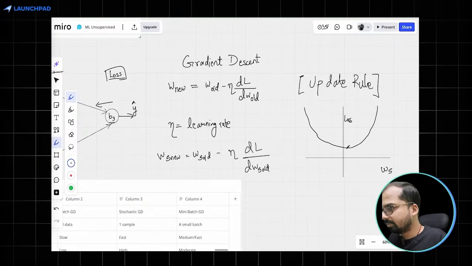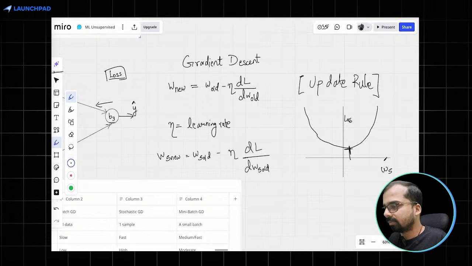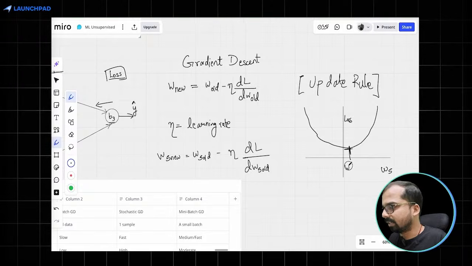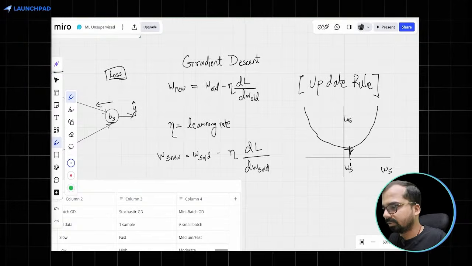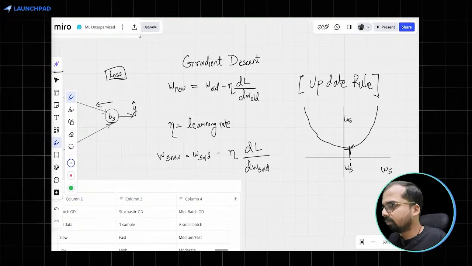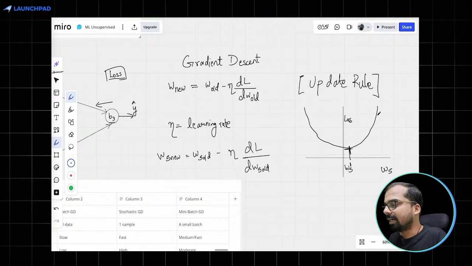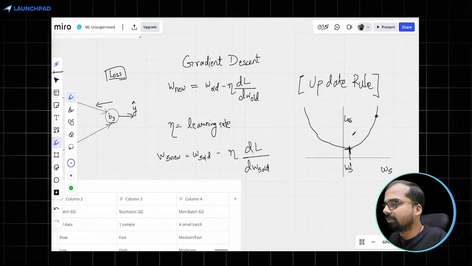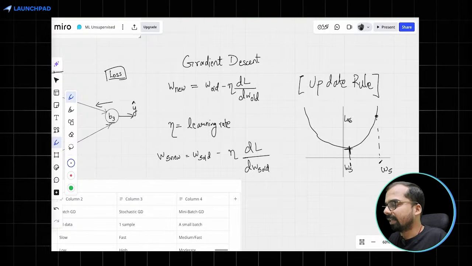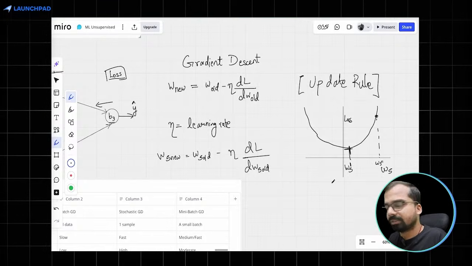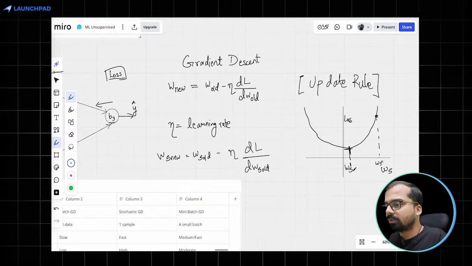Somewhere at this point, at this value of W5, let's call it W5 dash, the loss is minimum. So I want to reach this point. Initially we start with a random value. So let's say initially the value of loss was somewhere over here, and here I had some value of, let's call it, W5 dash dash.